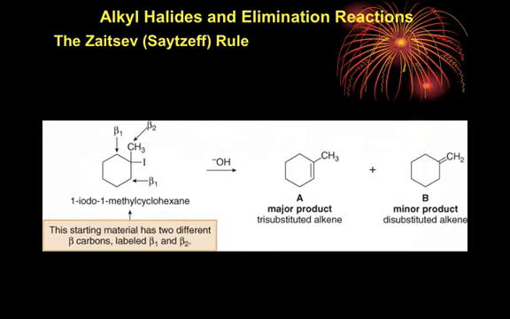I've got 4 opportunities to abstract a hydrogen from beta 1 and only 3 opportunities to abstract a hydrogen from the methyl group, right? So you might predict that beta 1 would be 4/3 more likely. Okay? And in fact, that seems to give us the major product.